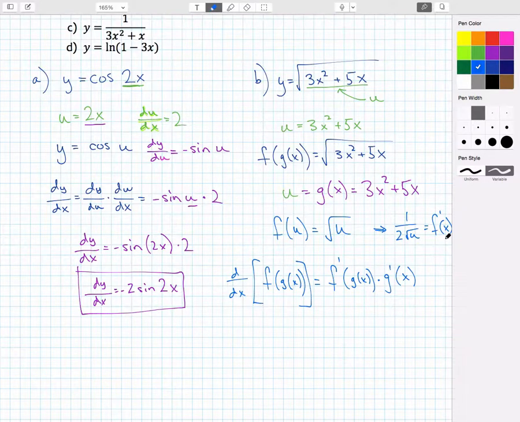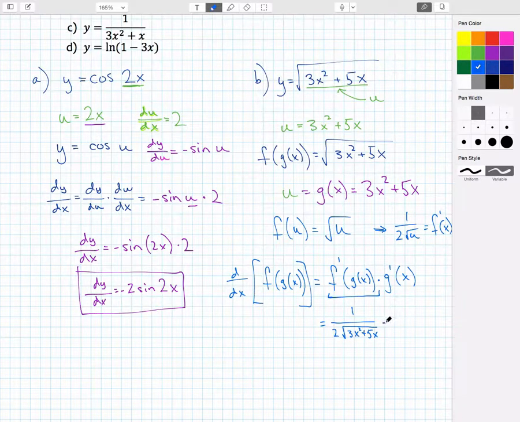Now, if we substitute in g of x there, it's going to be really 1 over 2, not u. We're going to replace u now with our 3x squared plus 5x expression. So this part right here becomes 1 over 2 times the square root of 3x squared plus 5x.